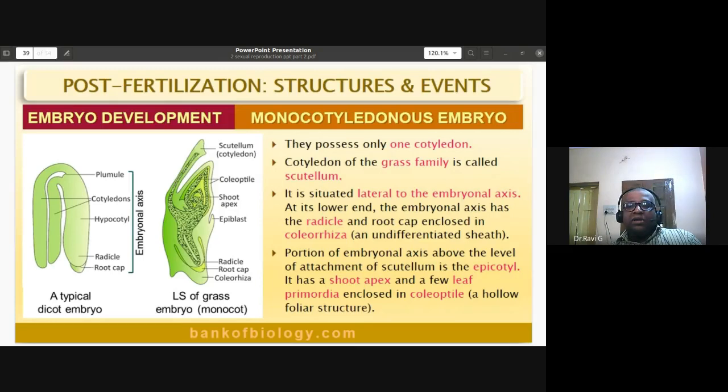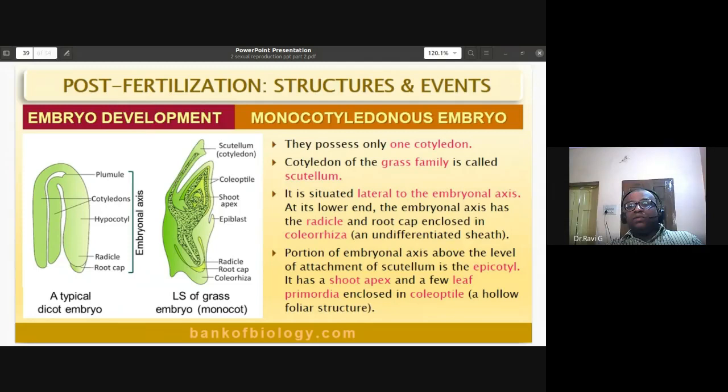We have also discussed the process of double fertilization. Double fertilization equals syngamy and triple fusion.